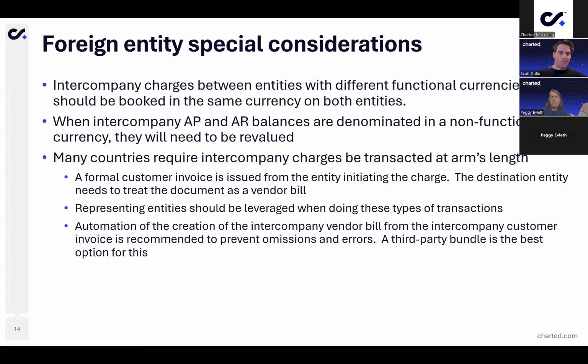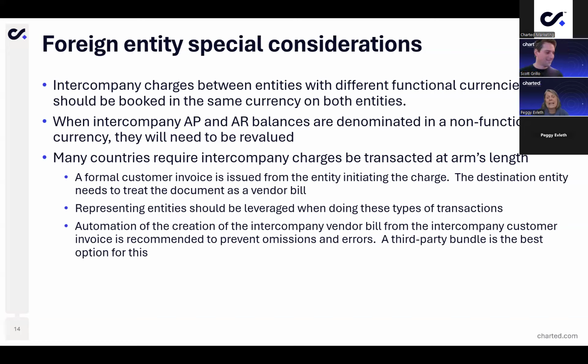Last, many countries require intercompany charges to be at arm's length. I've talked about this before. Again, tax authorities are very unbending and they consider this to be non-optional. That also can mean that if you're doing a charge off of shared expenses, what you frequently will have to do is collect those in an unbilled intercompany account and then bill them out at the end of the month on a formal, pretty piece of paper.